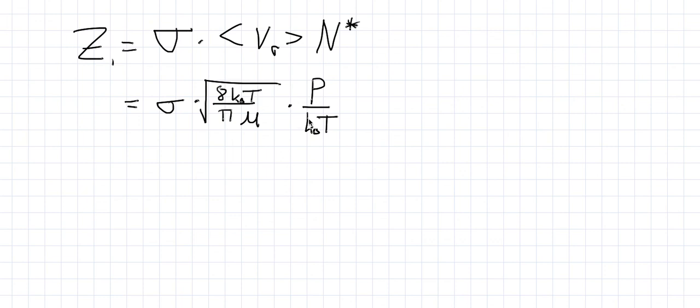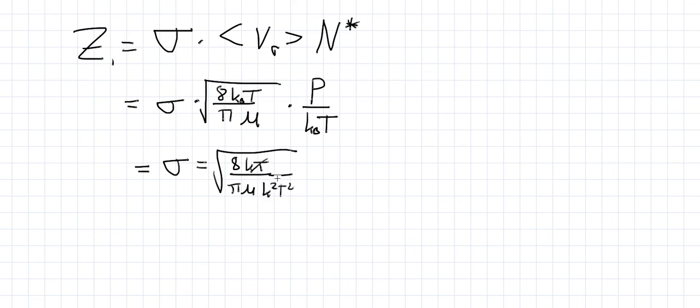And if we want to, we can simplify this a little bit by taking this kT, squaring it, putting it inside here, which it comes out as being squared. So we have 8kT over pi mu, and then when we put these inside, they have to square.